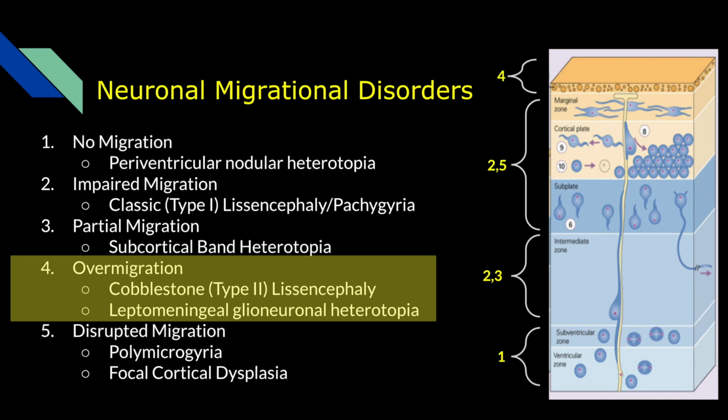As we mentioned, you can have partial or impaired migration in type 1 lissencephaly and the subcortical band heterotopia spectrum, but you can also have overmigration where neurons migrate beyond the marginal zone, which is where your Cajal-Retzius cells secrete reelin to tell them to stop. In that case, you get two types of diseases, maybe a spectrum of the same disease: cobblestone type 2 lissencephaly, and then more focal leptomeningeal heterotopias.